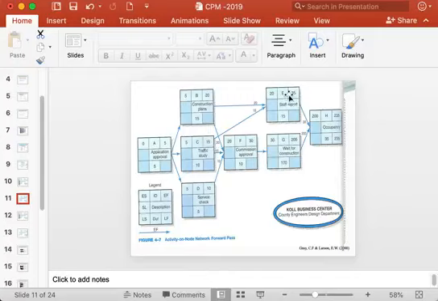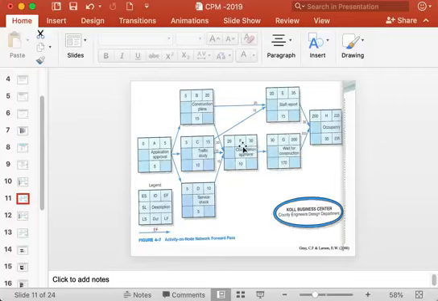Okay, so activity E can start only after completing activity B, which is taking longer time, 20 time units, and not after completing activity C, which is completing after 15 time units after the project is started. Okay, so that is why activity E can start at the earliest, you can see E as here, at the earliest after 20 time units or 20 days.